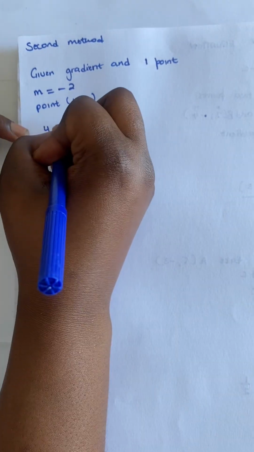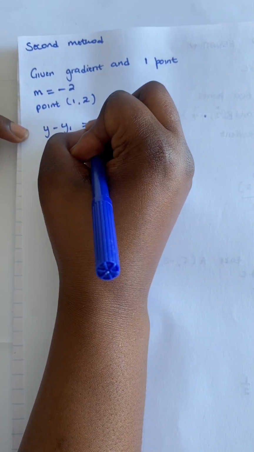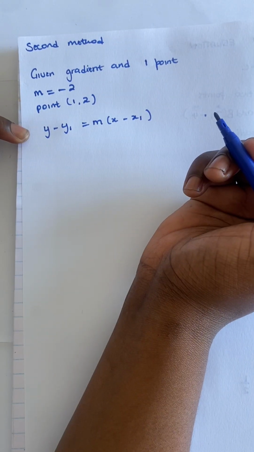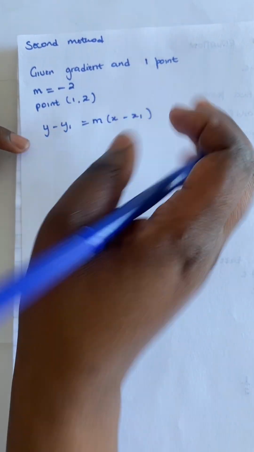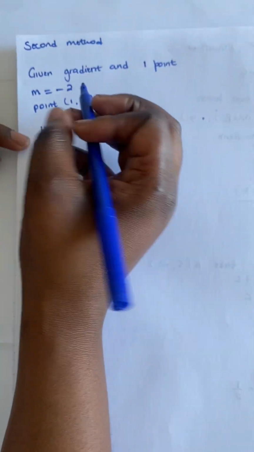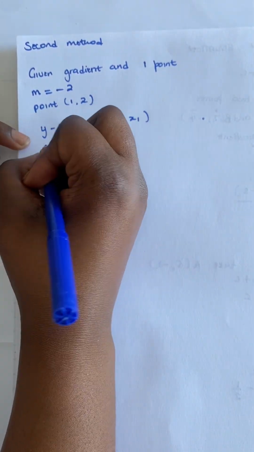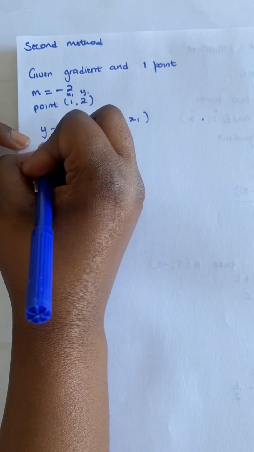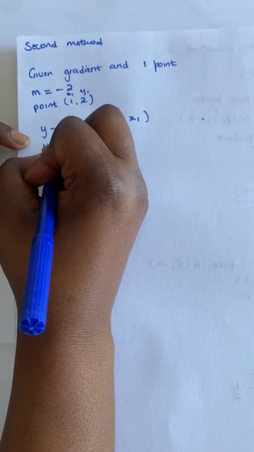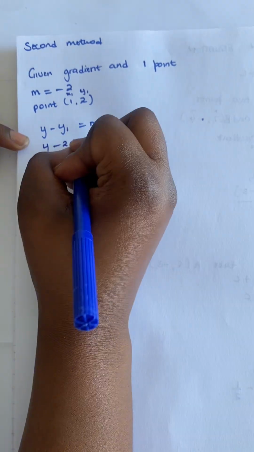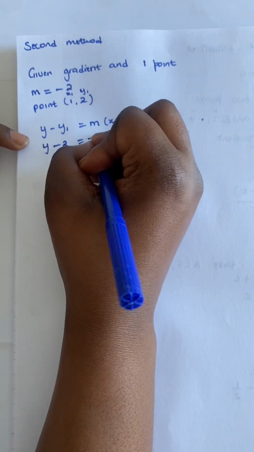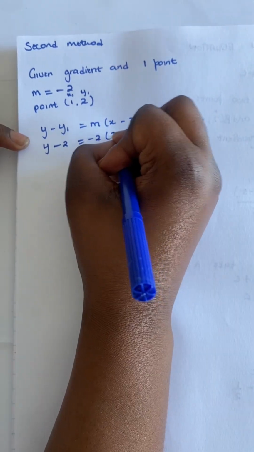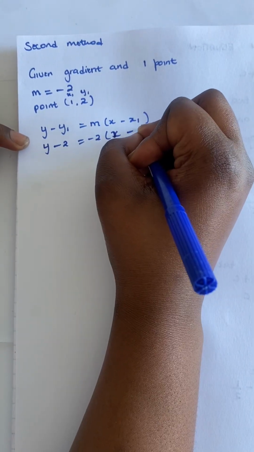It's y minus y1 is equal to m into x minus x1. This one is quite easier, so you use the point. This will be your x1, y1, so y minus y1, which is 2, is equal to your gradient, and x1 is your 1.